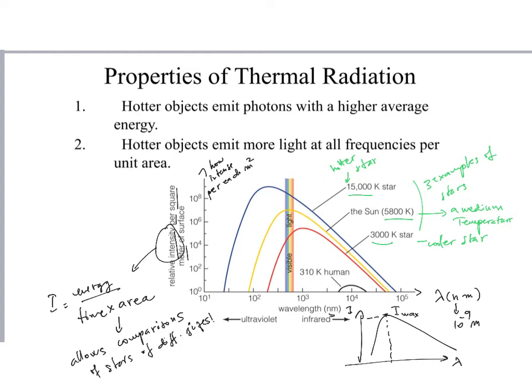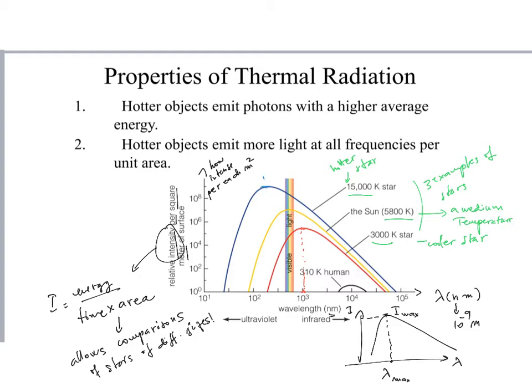That maximum corresponds to a certain wavelength, which is not a maximum wavelength, but the wavelength at which the intensity is maximum. For the cool star of 3000 Kelvin, the maximum seems to be about here. How about the hottest star?